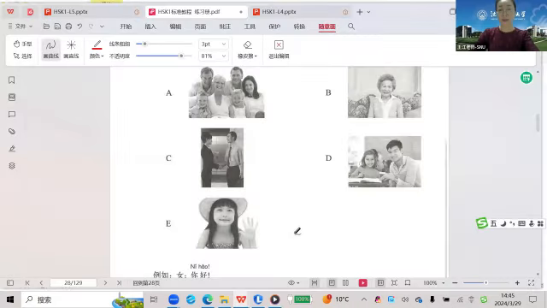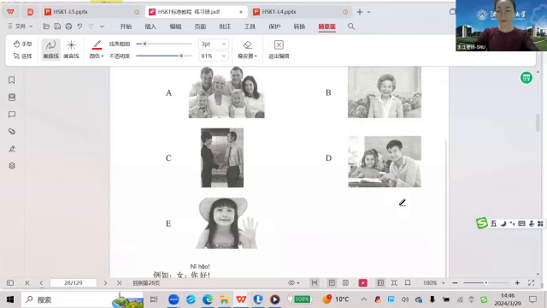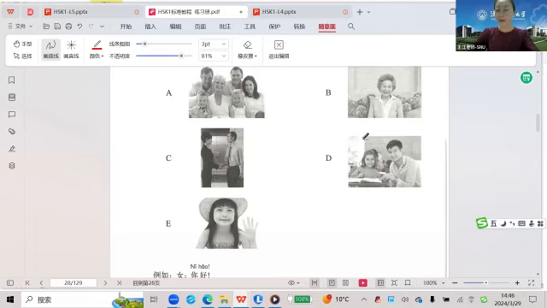Okay, so have you made your options? Let's check the answers together. Dialogue 5. Which picture matches dialogue 5? Is there somebody who has? B. Is there any other option?